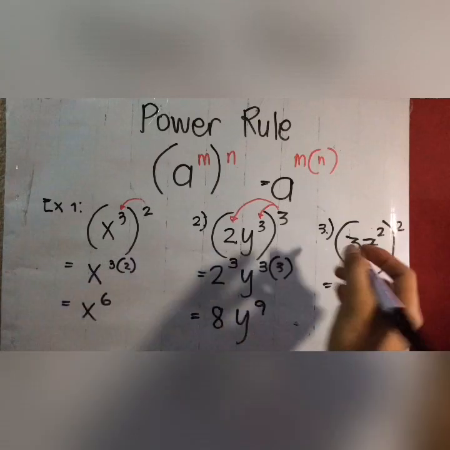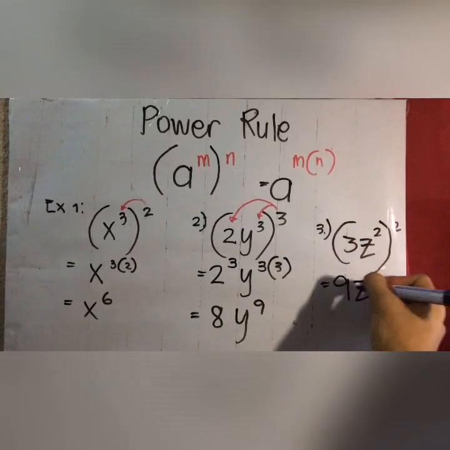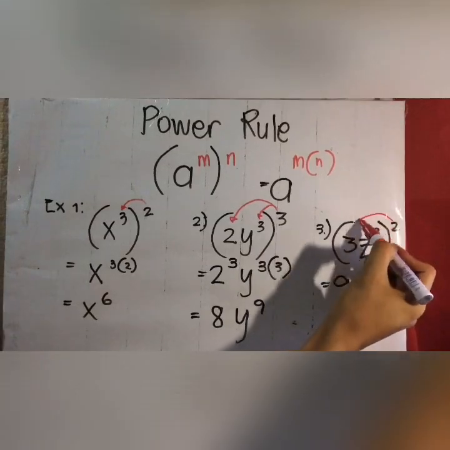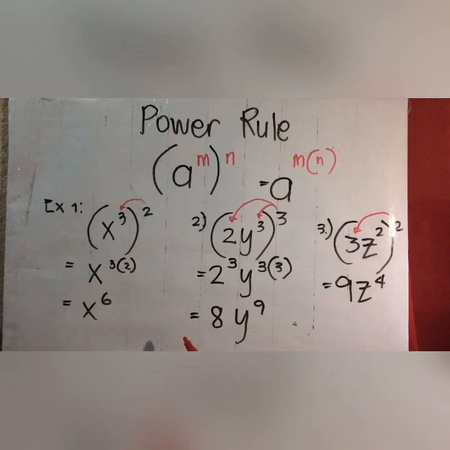Okay, very good. The answer is 9z to the power of 4. Why is it 9? Because we distribute 2 to our coefficient 3, and the square of 3 makes 9.